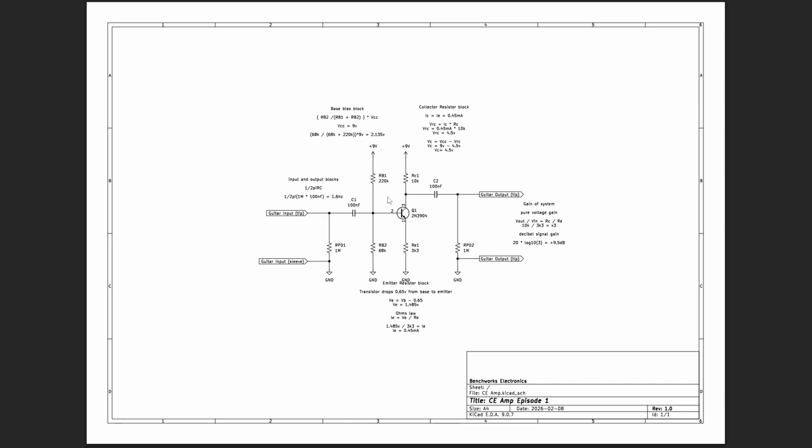So this target that we're looking for on this node here between the 10k and the 100 nanofarad wants to be whatever your power is divided by 2.